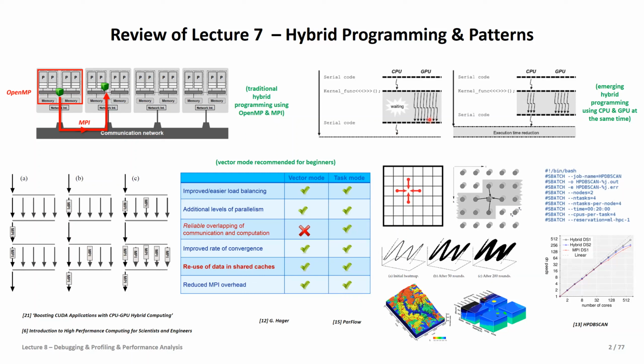But why not use, perhaps at some points in the application, the host CPU while the accelerator is working as well? And this is an emerging form of hybrid computing, hybrid programming, people nowadays talk about, meaning essentially using CPU processing power and also the GPU at the same time. But this will also be a topic we handle in lecture 9.